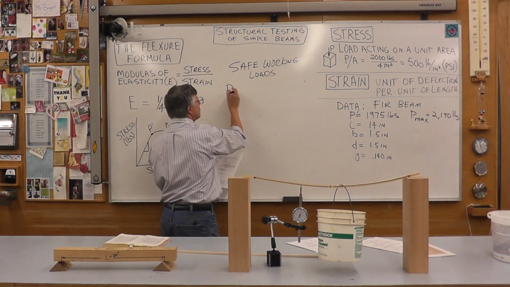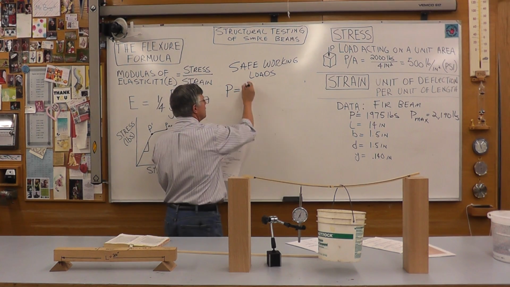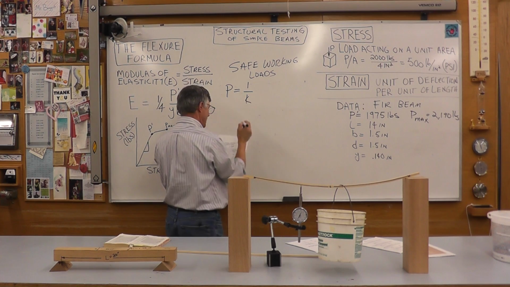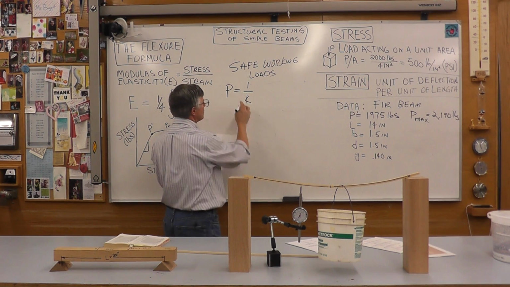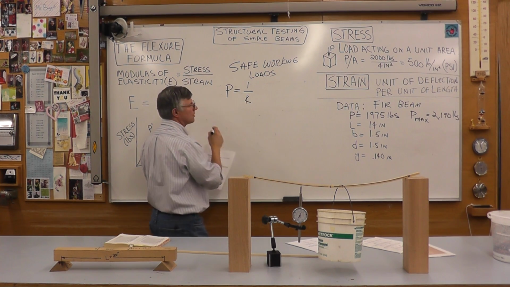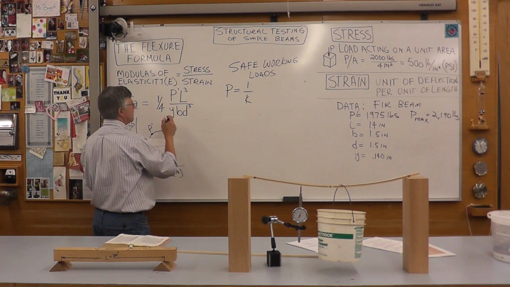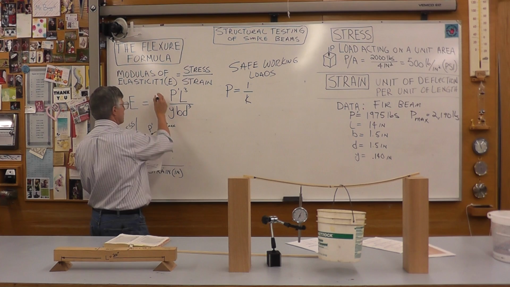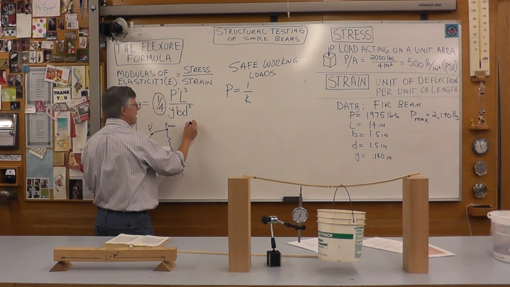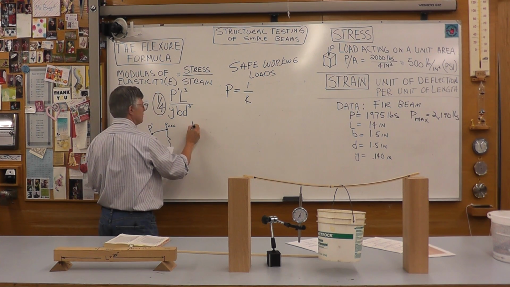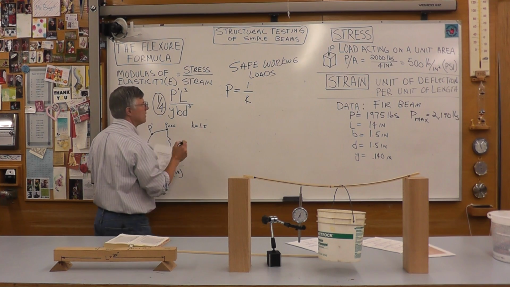So the equation is load 1 over big K. No, that's little k. There's two constants that we've talked about. Big K is a quarter, and little k is 1.5.